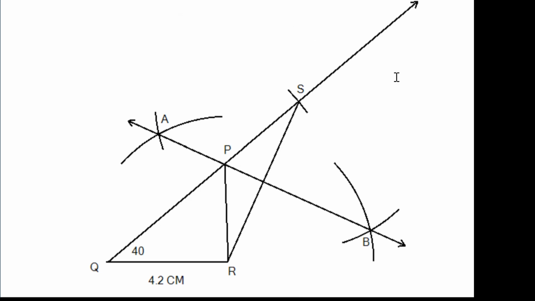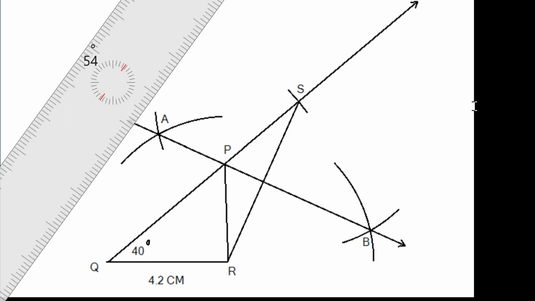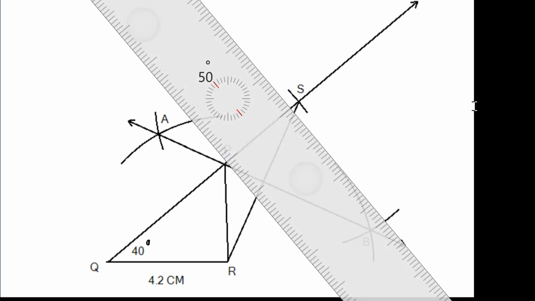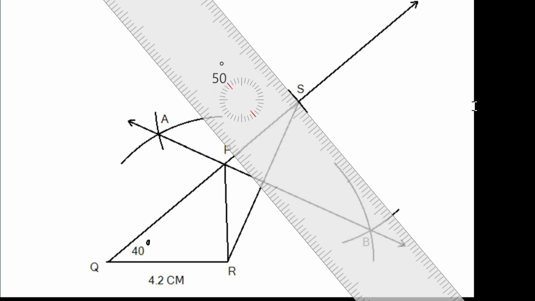Then write the answer. Now specify the given dimensions on the figure. So 40 degrees. What is length QS? Actually QS is not given, but QS is the sum of the remaining two sides.